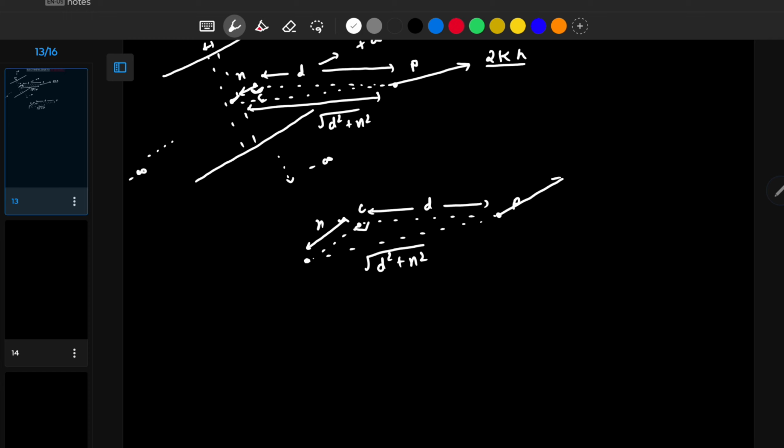And this is the electric field in this direction. So it will be 2kλ over root of d square plus x square. Okay, we're going to take components. So if this is theta, this is also theta.